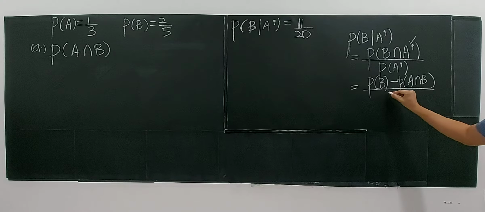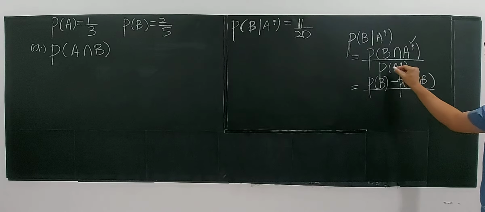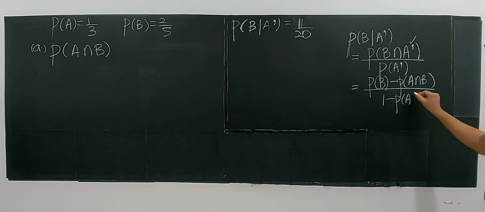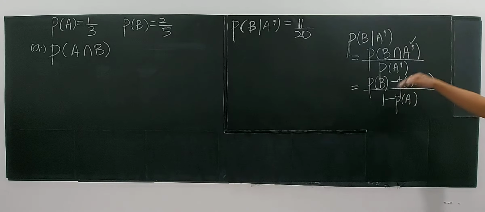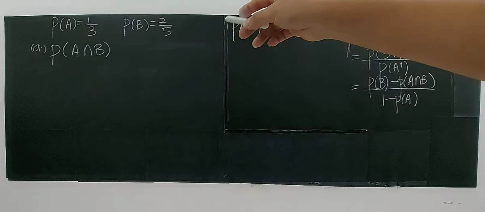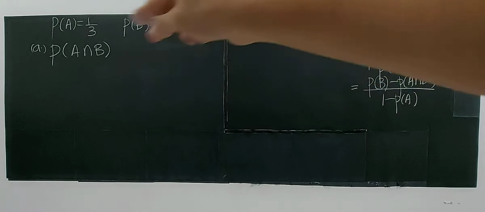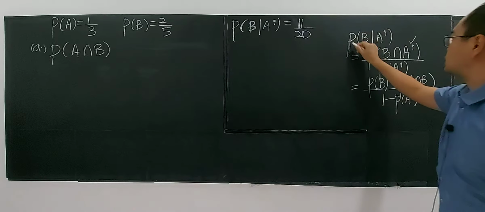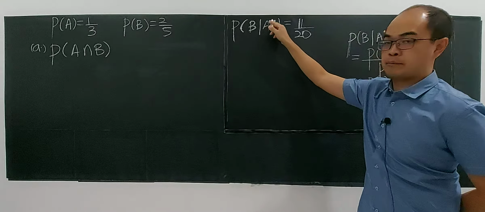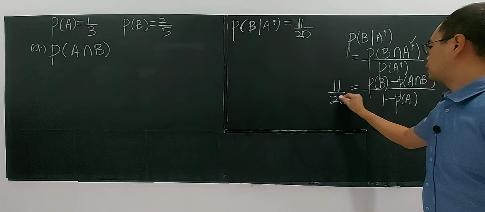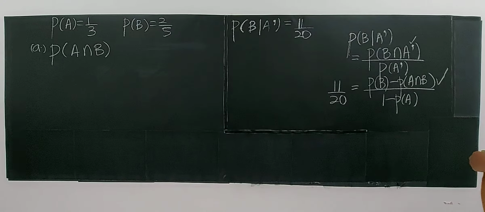So for A prime, the complement of A, the probability is 1 minus the probability of A. You must understand the process here. Then we look at the information given, and we have enough information. B given A prime is 11 over 20, which is a very good reference.